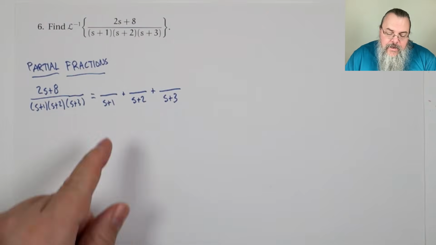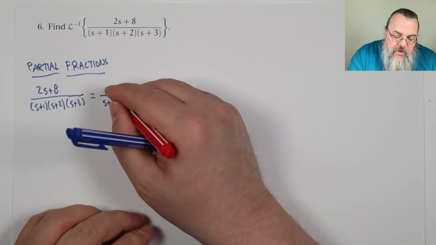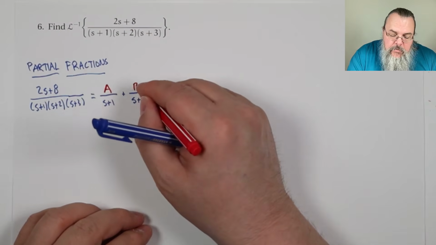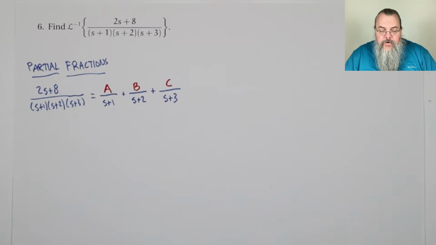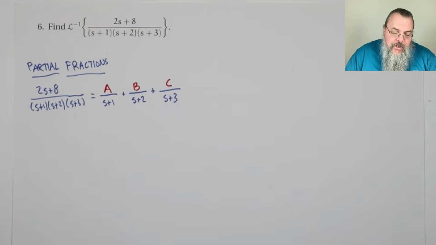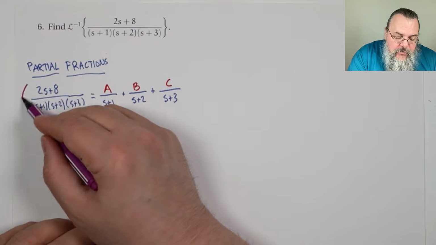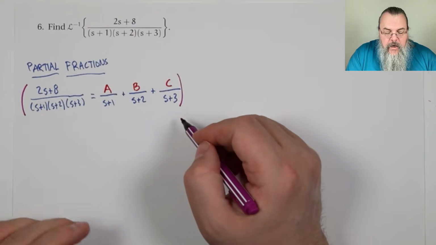And these are linear terms, so our unknowns look like numbers A, B, C. And so our goal, what are A, B, and C? If we have that, then we have our partial fraction decomposition. Life is good.